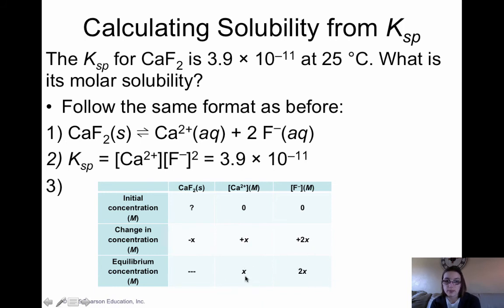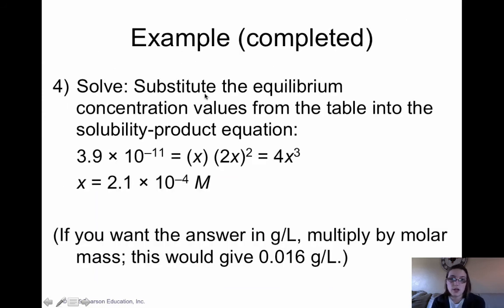Then we simply plug these numbers into KSP and solve. We get 3.9 times 10 to the negative 11th equals X times the quantity 2X squared. Keep in mind, when this 2X is in parentheses, you have to square both of these. So the quantity 2X squared is going to be 4X squared. 4X squared times X is 4X cubed.